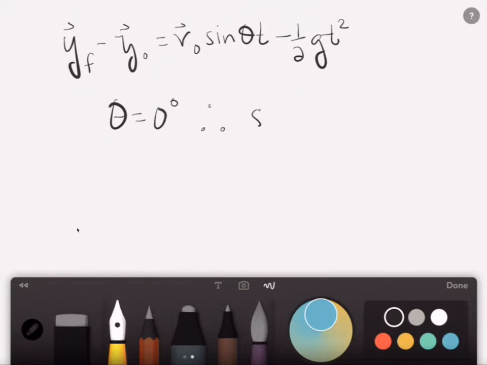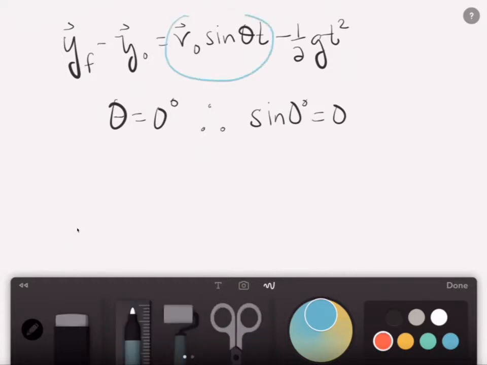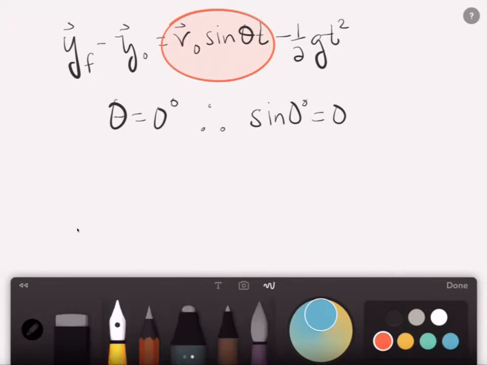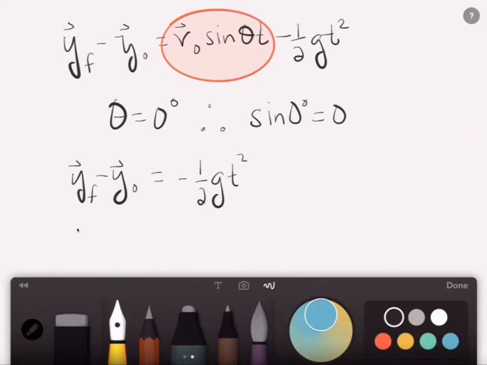Therefore, sine of 0 degrees is 0. So that means this entire portion here will go to 0. 0 times anything is 0. So we end up with a simpler equation. The displacement in the y direction is just equal to the product of negative 1/2 g and t squared.